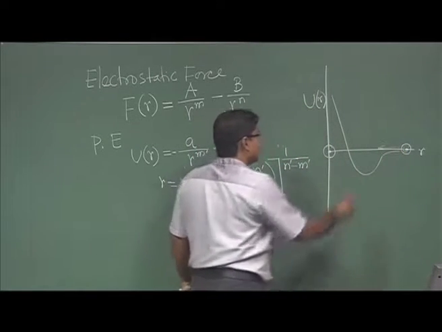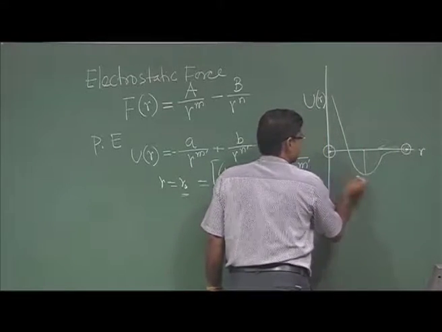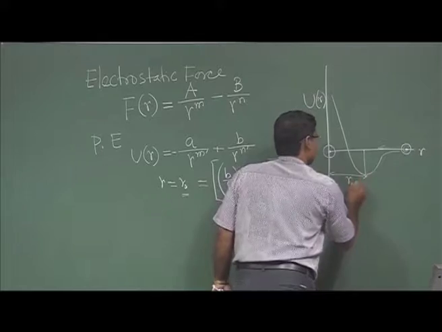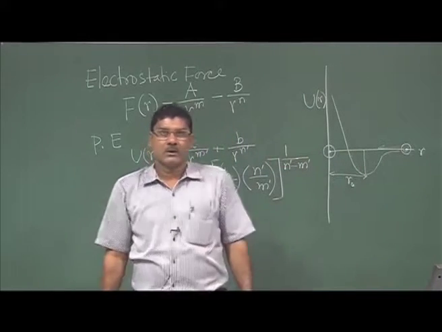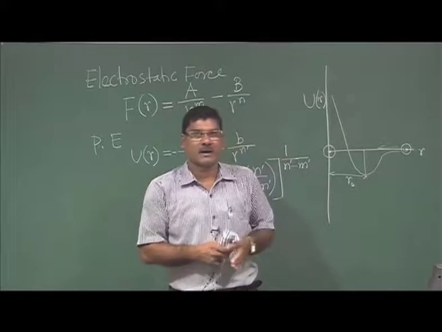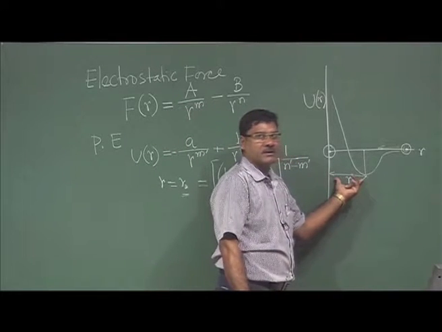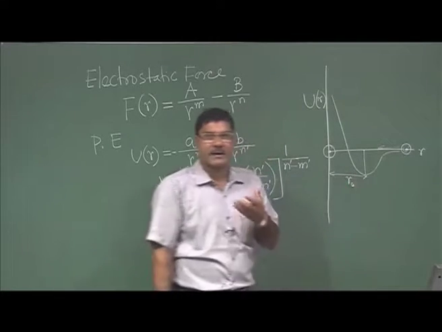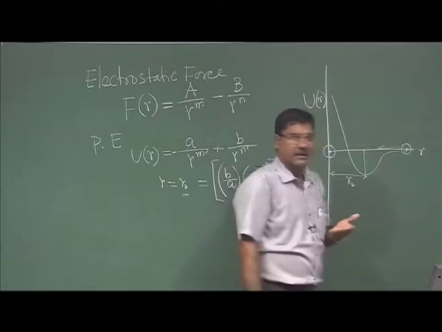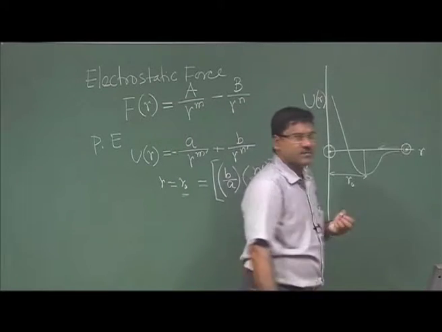So, for a particular value of r, r0, the potential energy is minimum. So, when atoms are in a solid, the interatomic distance will be r0, so that the energy of the system will be minimum. So, that nature prefers. So, always nature tries to minimize the energy of a system.